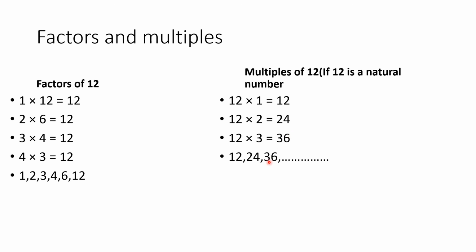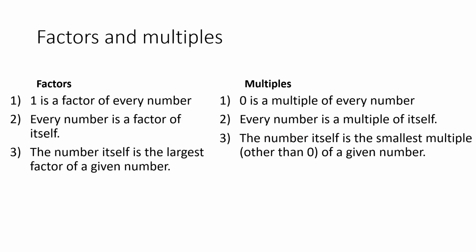Now just observe this again and we can say that the number itself is the largest factor of a given number, right? Because what is the largest factor of that given number? Yes, it is 12. And the number itself is the smallest multiple other than 0 of a given number.